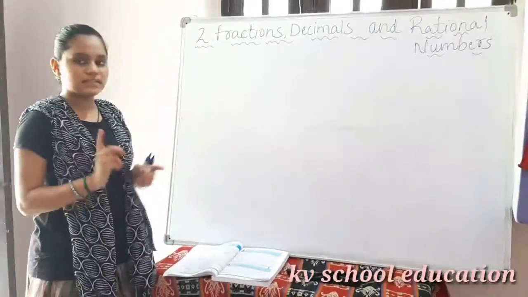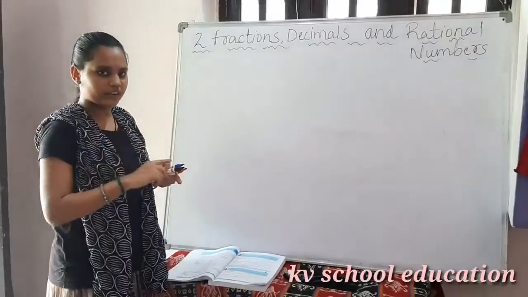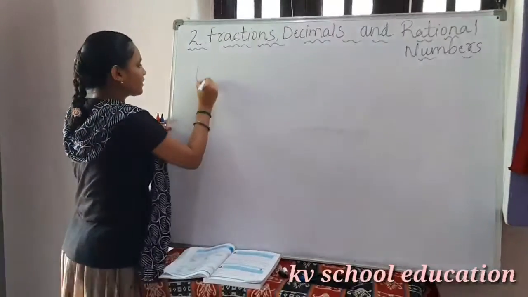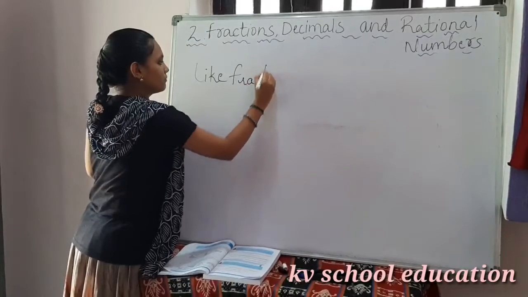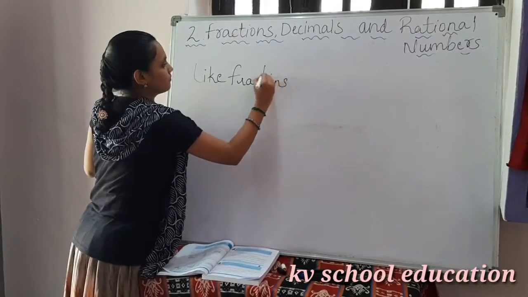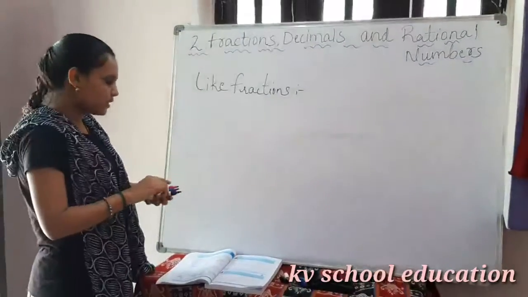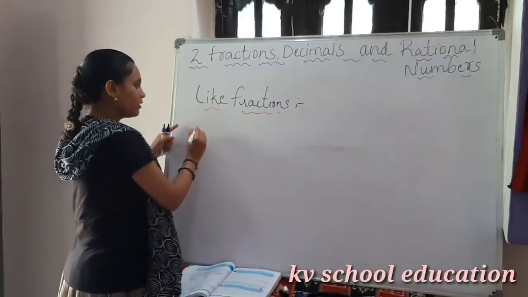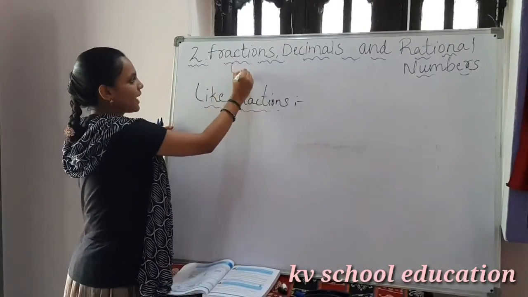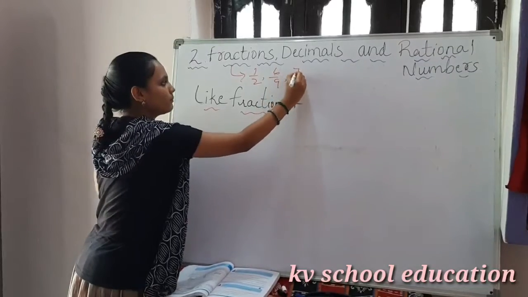So guys, now we'll see about like fractions and unlike fractions. We'll see like fractions first. What are like fractions? Like fractions are those fractions. Simply, first fractions: 1 by 2, 6 by 9, 7 by 5.